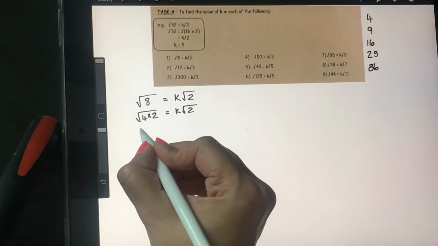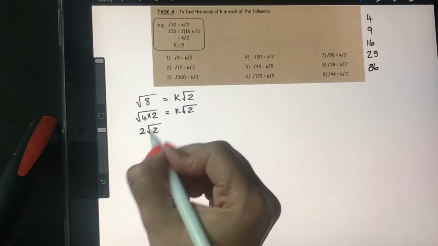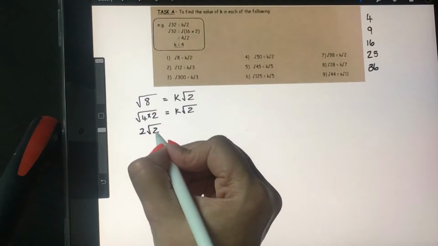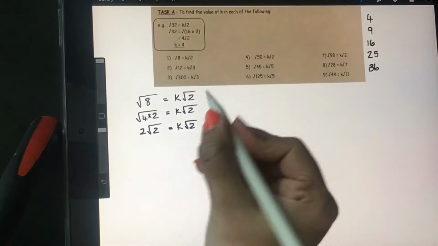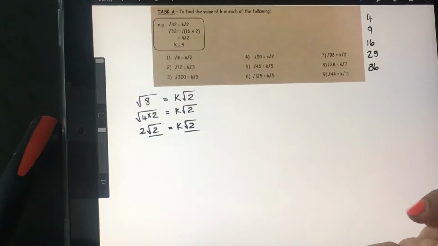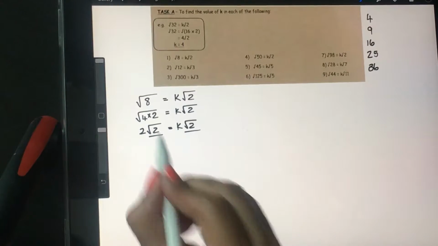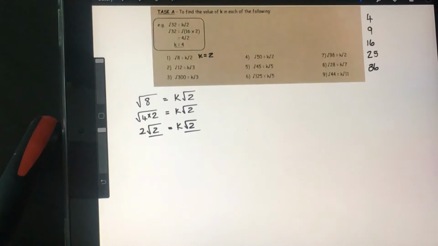Since 4 is a square number, we can say that the square root of 4 is 2. That 2 stays inside the surd, and that is still equal to k root 2. Now, since that surd and that surd is exactly the same number, we can then say k is equal to 2.